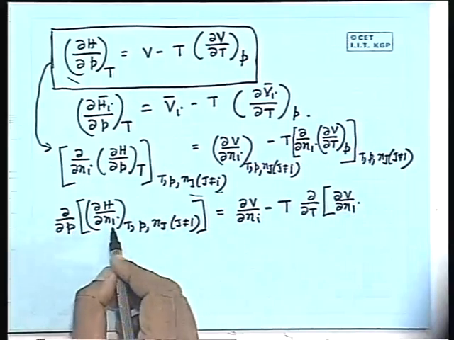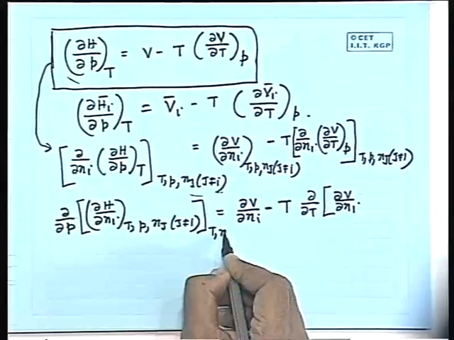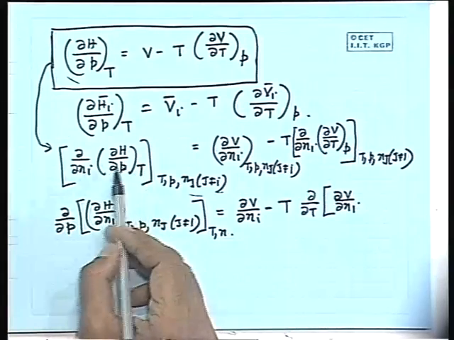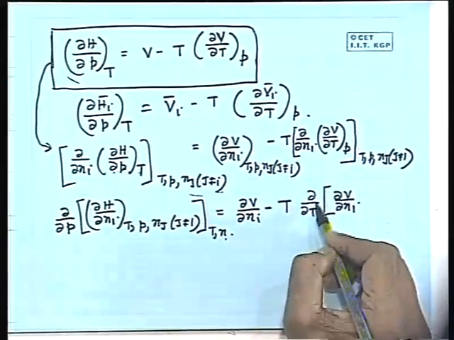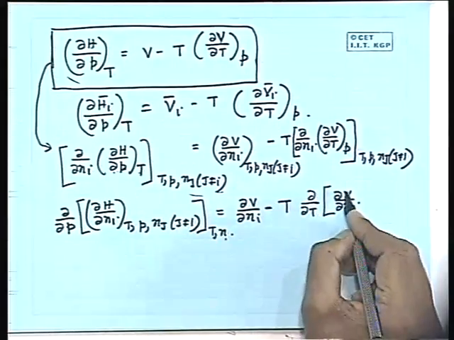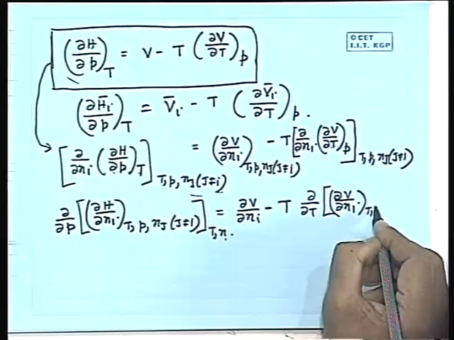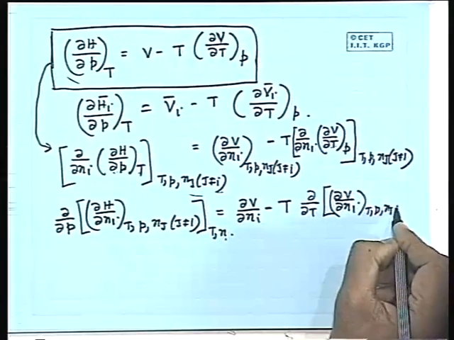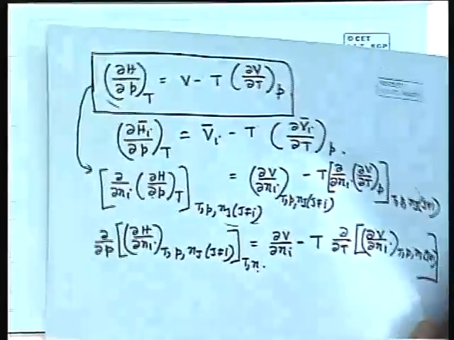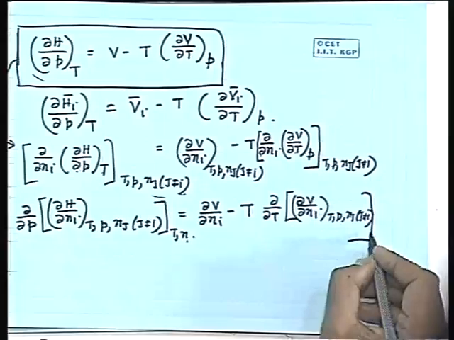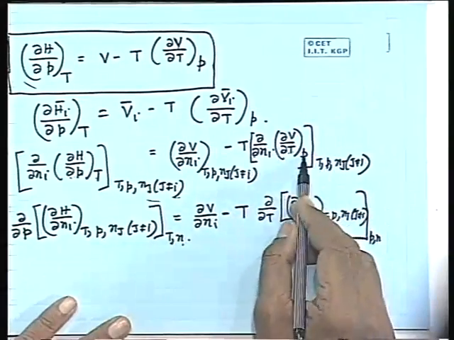So del del P of this I can write at constant temperature and N, because constant temperature was there. Similarly, del del T of del V del Ni, changing the order of differentiation, del V del Ni at T, P, Nj, j not equal to i, at constant pressure and number of moles.